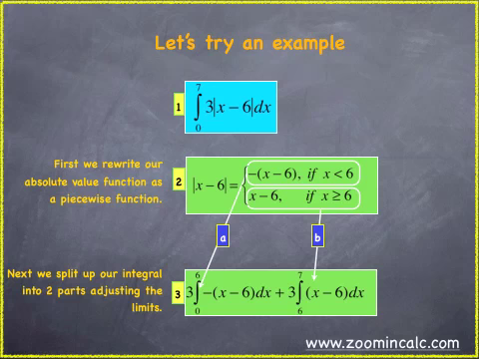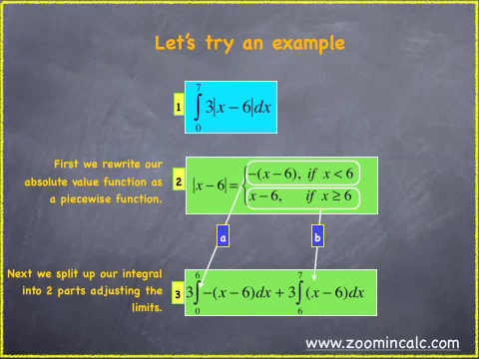Now, the first scenario, if you have a negative result, what are we going to do? We'll negate the function, and that's what you see in the first part of our piecewise function in item 2. In the second scenario, we have a positive result, and there's really nothing we have to do with our function, so we keep the original function. Those are the two scenarios.